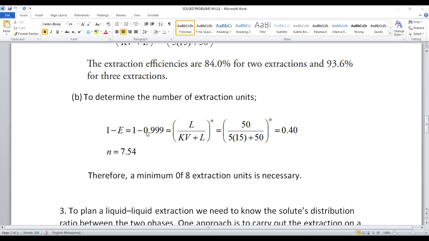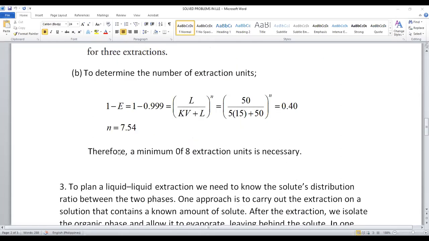This is your efficiency. You subtract it from 1. This entire expression represents the part that is not recovered, which is this, since number 1 also gave us this formula. So you raise this to N. And the same info you will place here. Your answer is N equal to 7.54.